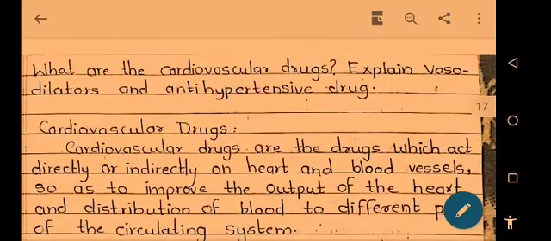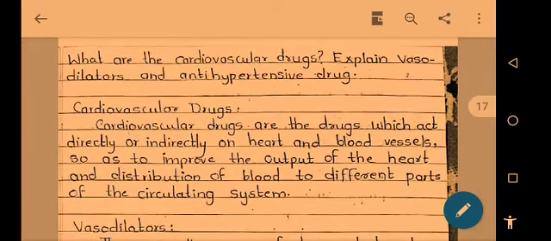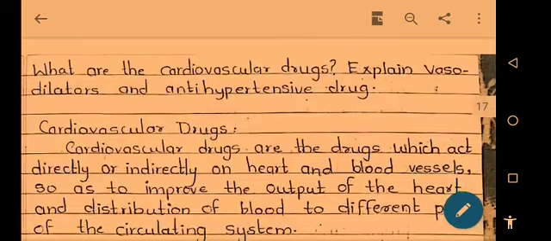Next point is what are the cardiovascular drugs? You know that the cardiac system is the central pumping organ of the body. It pumps pure oxygenated blood from the heart to each and every part of the body and collects the deoxygenated, that is impure, blood from various body parts to the heart. Generally, arteries and veins are the pipelines of the whole body to circulate the blood.